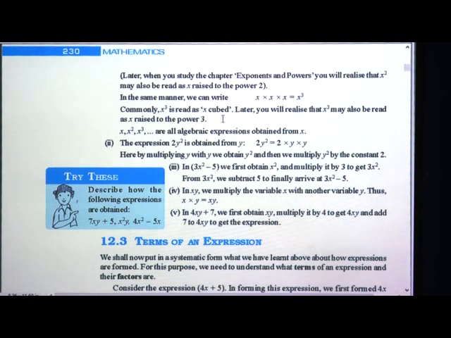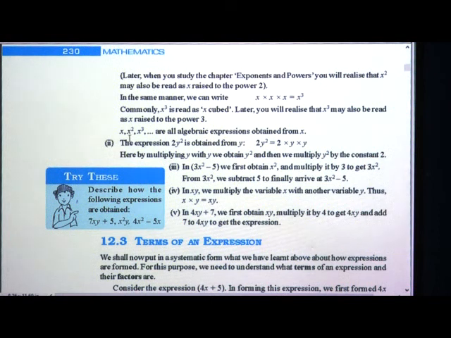When the power is 2 we read it as square, and when it is 3 we read it as cube. Later you will realize that x cube may also be read as x raised to power 3, because we are going to learn about exponents and powers.